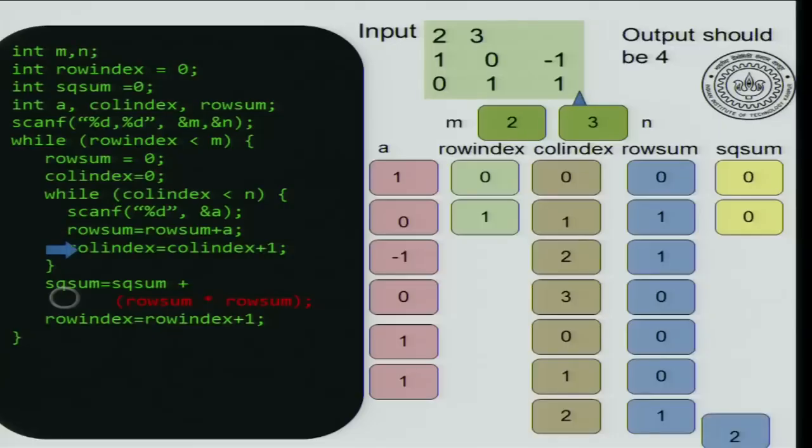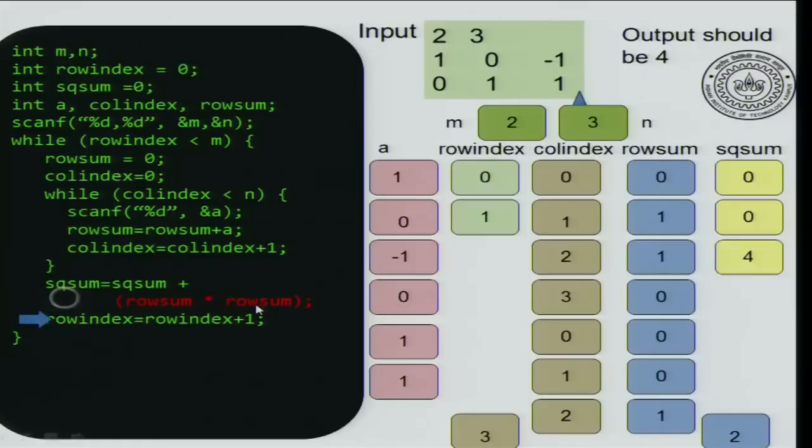So once you read the second row, you will find that the row sum is 2 and square sum would be square sum plus 2 squared, which is 4.